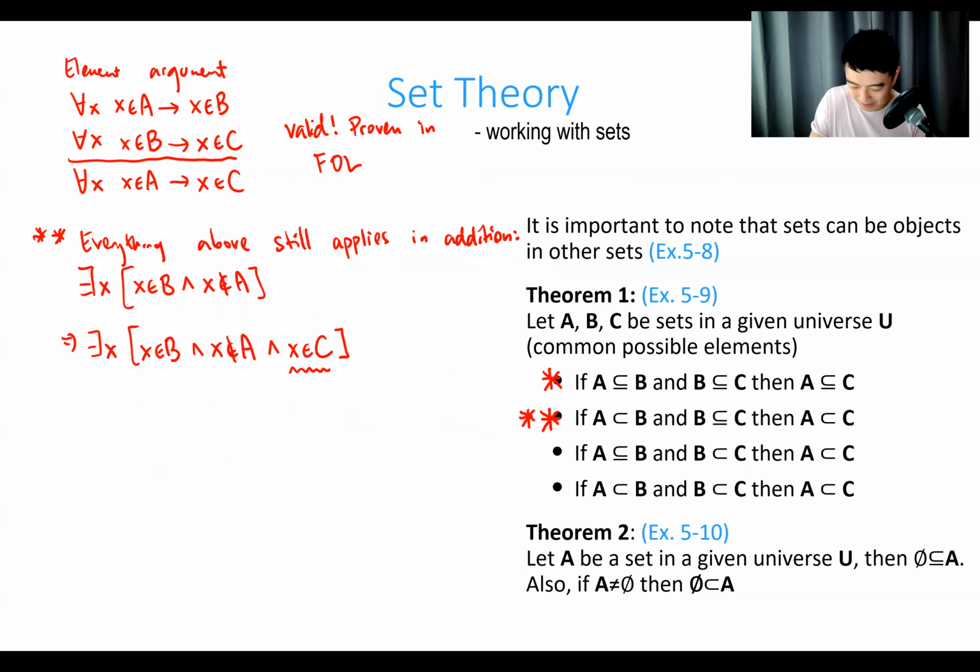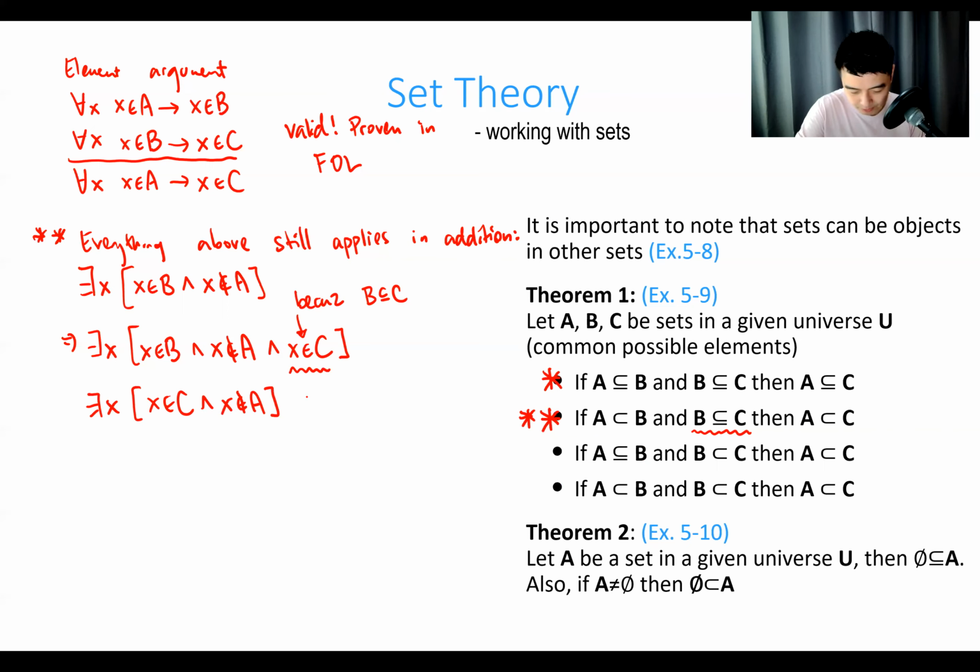Well, because we have a second statement here that everything in B must be in C. So since X is in B, immediately I can add this there because B is a subset of C. Make sure you understand this point, but ultimately, I can now claim that there is an object in C and not in A.